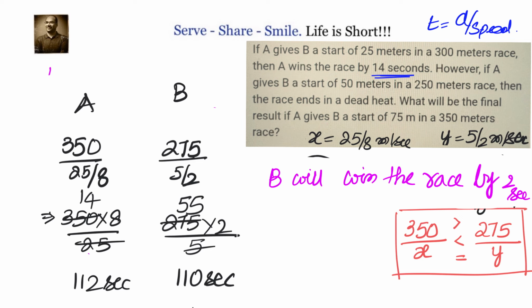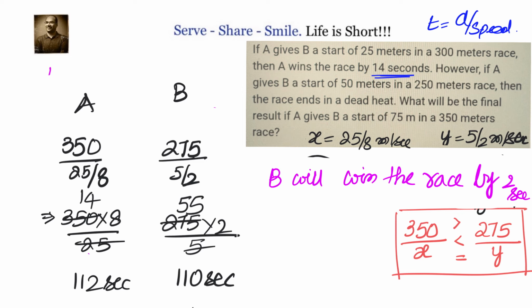In the first scenario, the condition will be 300 by x minus 275 by y equals minus 14, because A is taking less time and B is taking more time. The other scenario we have is 250 by y equals 200 by x. From that we calculate x and y values as 25 by 8 and 5 by 2 meters per second respectively. Then we check for the final race.